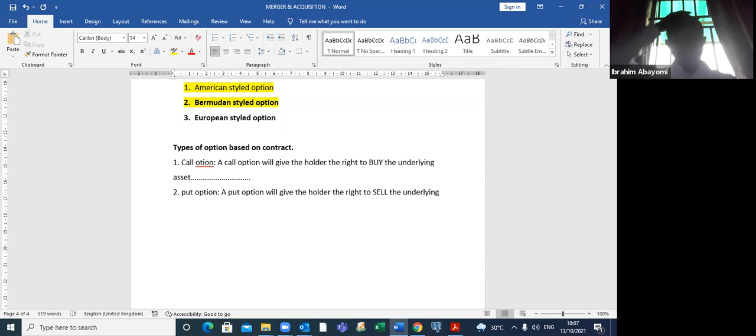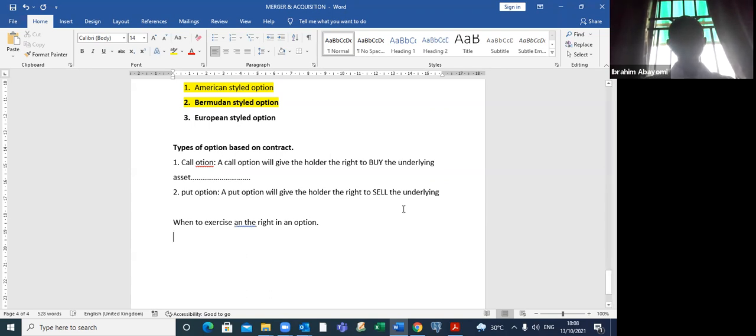Now, when to exercise an option or the rights in an option. When do we exercise our right?